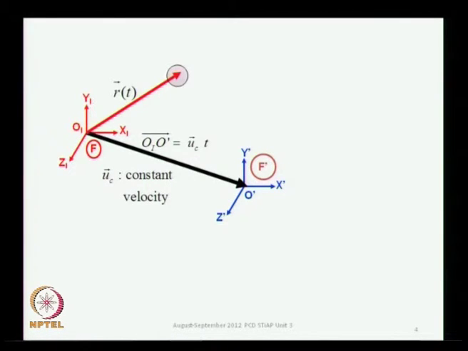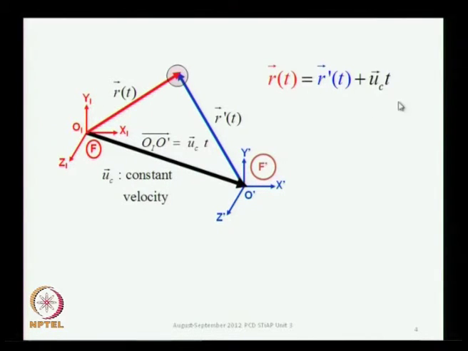and the first observer looks at an object whose position vector in his frame of reference is this r. This is the instantaneous position vector at time t. The position vector of the same object for the second observer is r prime of t. This is the primed frame of reference, this is the unprimed frame of reference, and from the triangle law of addition you know the relationship between these 2 vectors.